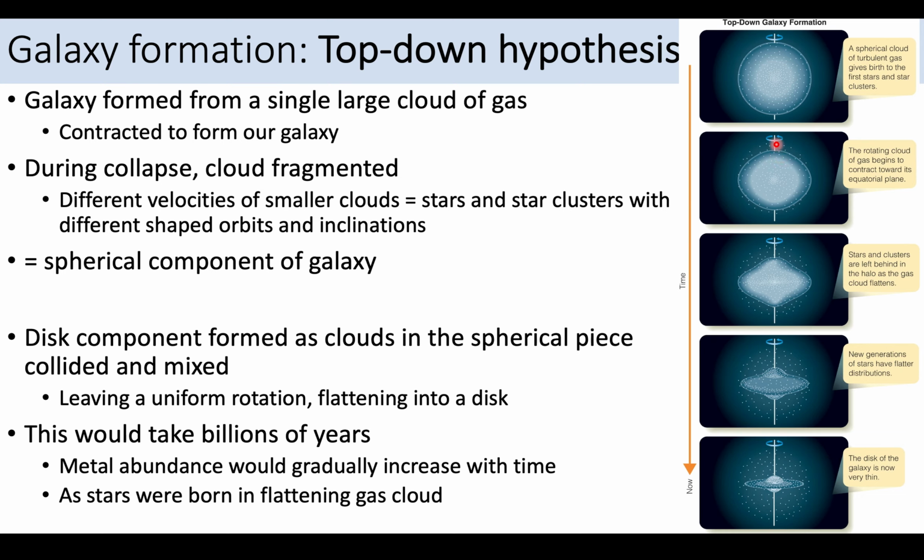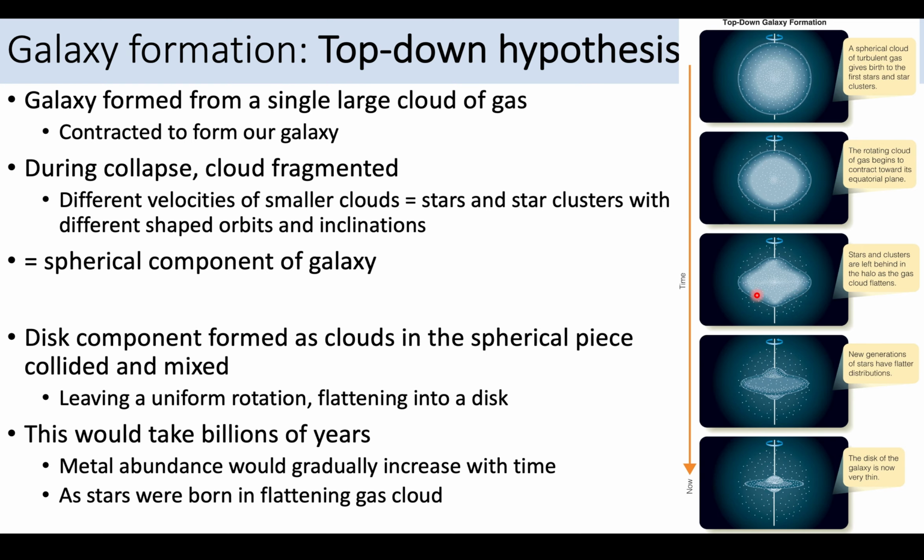So if you see these tiny dots all around, tiny little bits of cloud which got left behind as the galaxy's collapsing. So here we have the galaxy about to be collapsing, and here we have these stars and star clusters that are left behind. So the stars and star clusters left behind is what created the halo area, what created the spherical component of our galaxy.